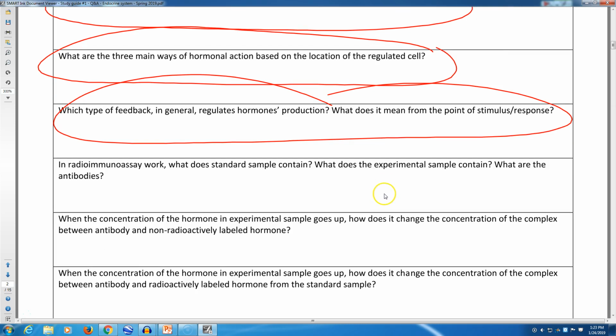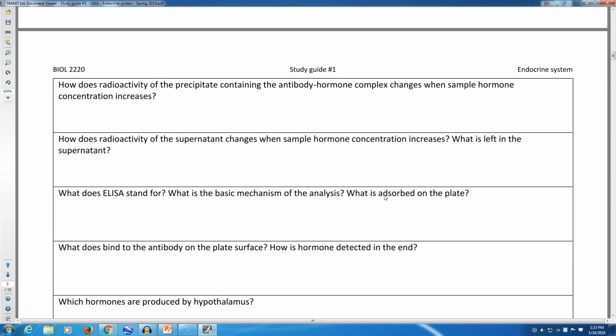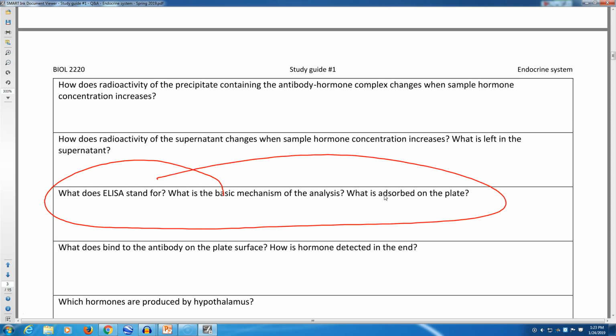If we talk about ELISA, it's the complex between the hormone and the antibody that is detected by another antibody.